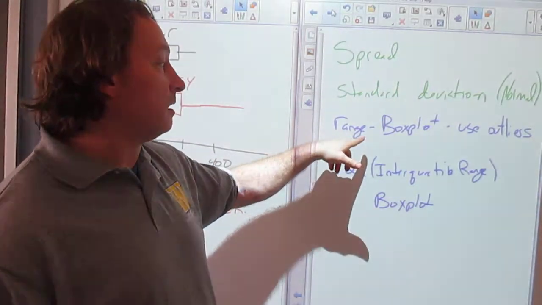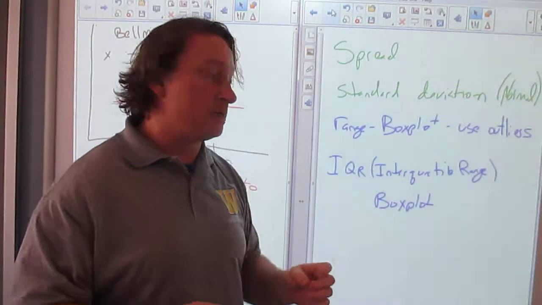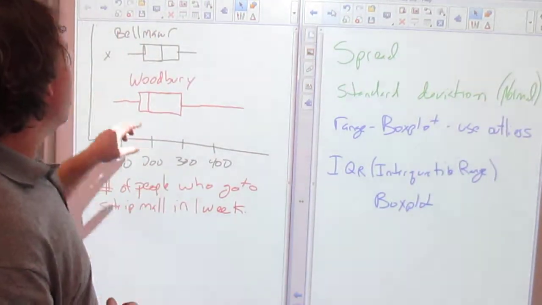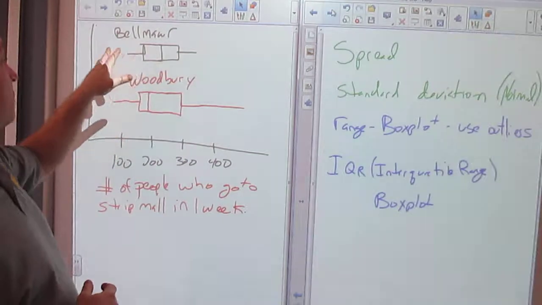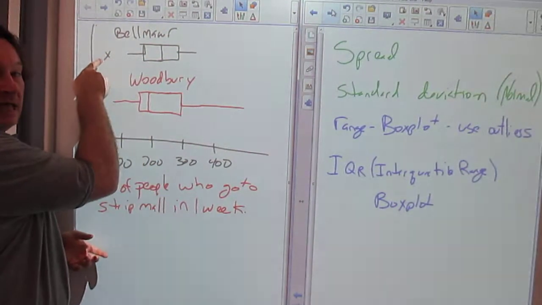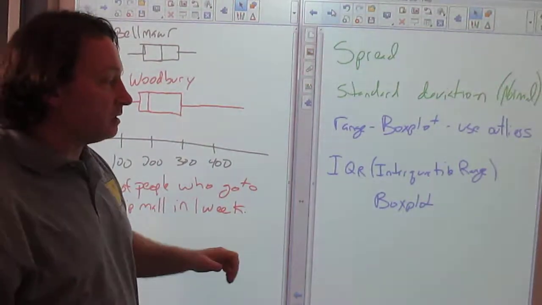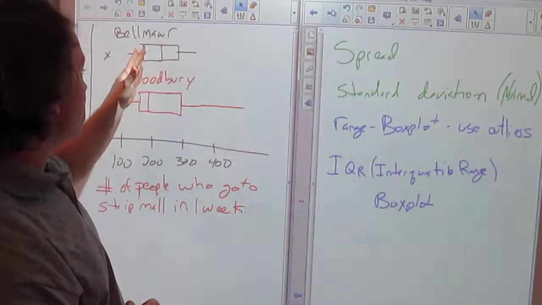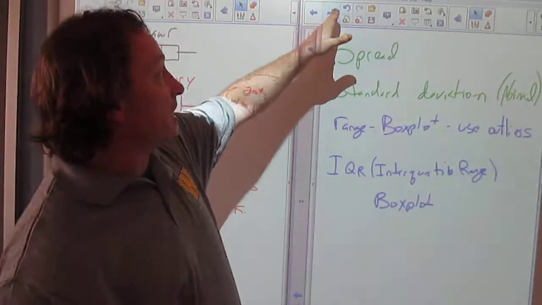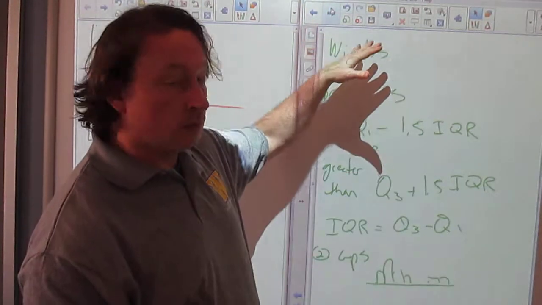And for a box plot, we're looking at range and interquartile range, which we talked about already. Range would be the max minus the min. Make sure in a box plot, if you're doing range, you include the outlier. And interquartile range is quarter 3 minus quarter 1. The last thing we need to talk about is the weirdos.